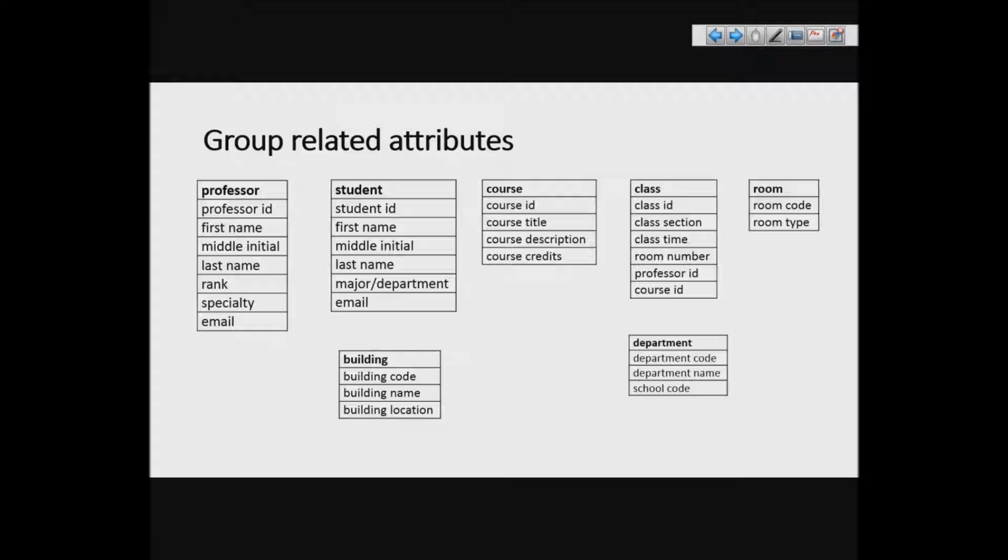What is the relationship between, let's say, room and building? Classroom and building. Room and building. Perfect. A room is contained in a building, and a building contains a room or rooms. That's correct. That's the exact term that we need for this relationship.